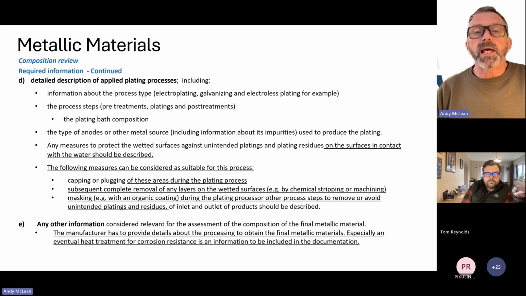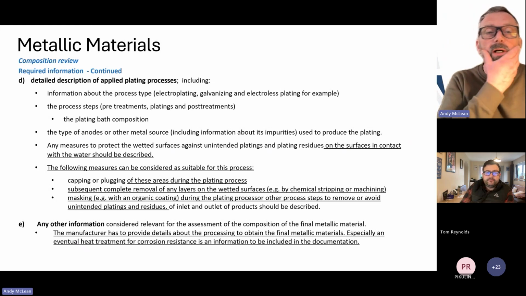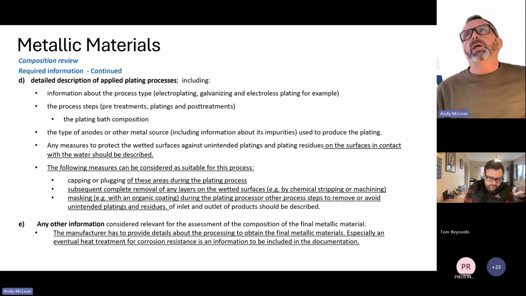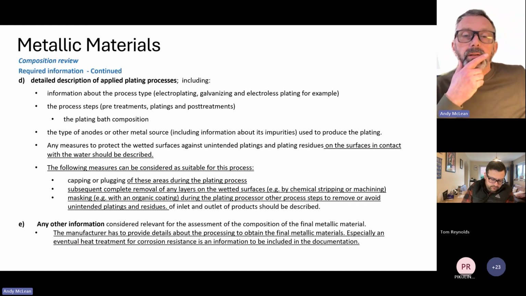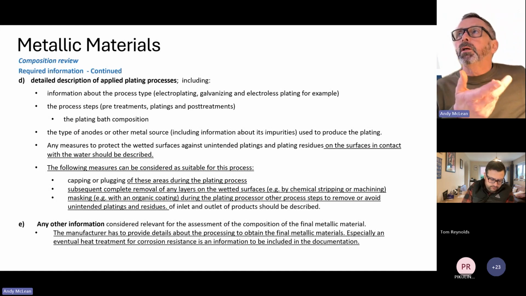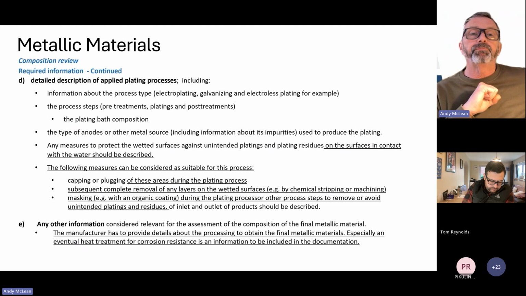Any measures to protect the wetted surfaces. So if you use an organic material to protect it during the plating process, you need to declare those because they may leave a residue and fall into another category of material.